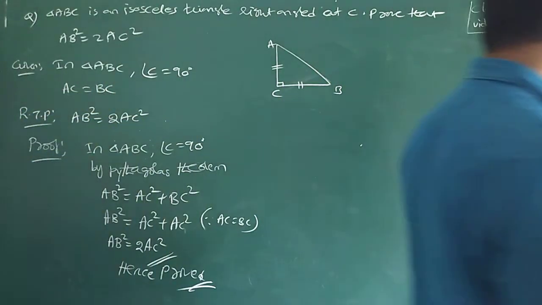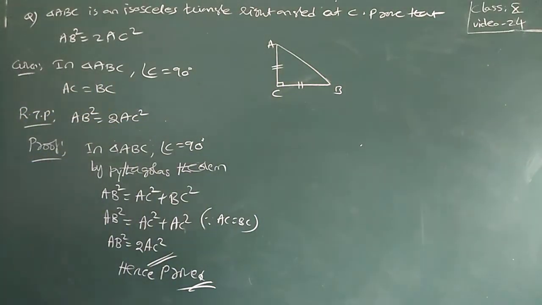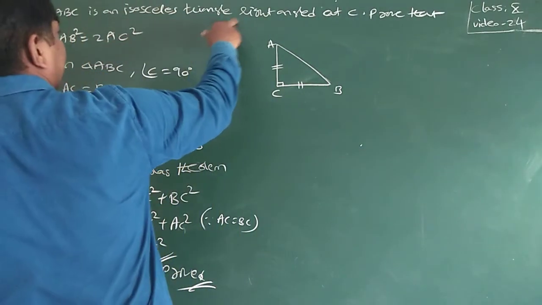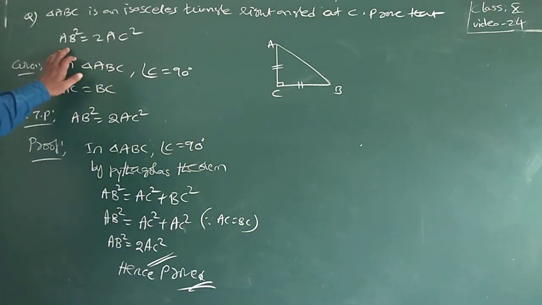Write down this. See here, triangle ABC is an isosceles triangle, right angle at C. Prove that AB square is equal to 2AC square, they ask.